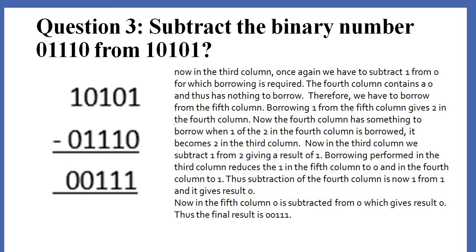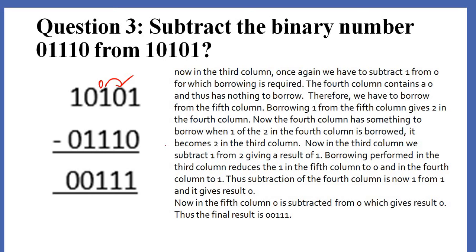Since we have taken 1 from the third column to the second column, again in the third column we have to subtract 1 from 0, because this 1 we already have taken as borrow, so it converted into 0. That means here also we do the same thing, 0 minus 1, so we have to subtract 1 from 0. Again we require a borrow.